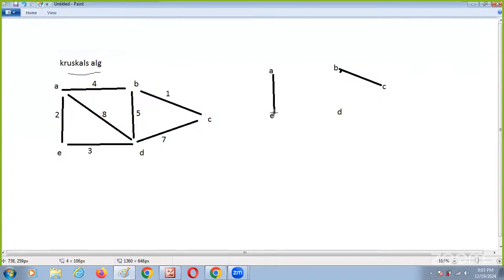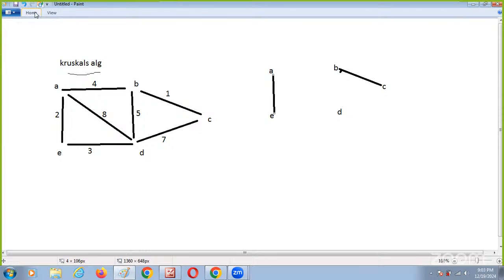So A to E, I can connect. And the next least cost edge. We are not bothering about connectivity. That is why Kruskal's algorithm can be applied on a disconnected graph also. Prim's algorithm can be applied only for a connected graph.